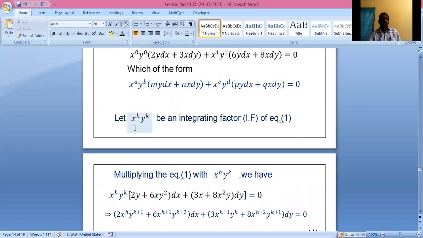Let x^h y^k be an integrating factor of equation 1.